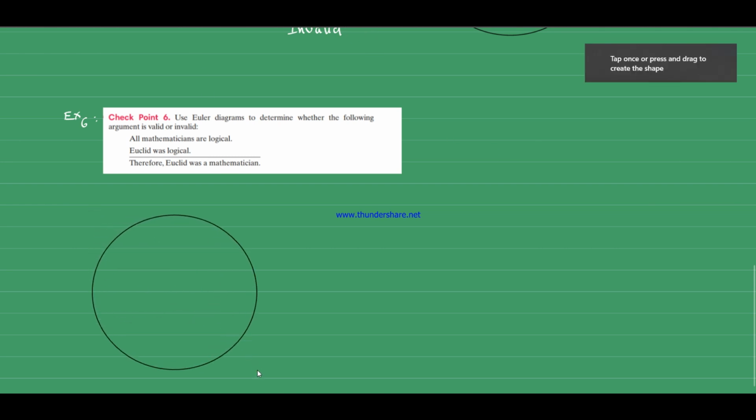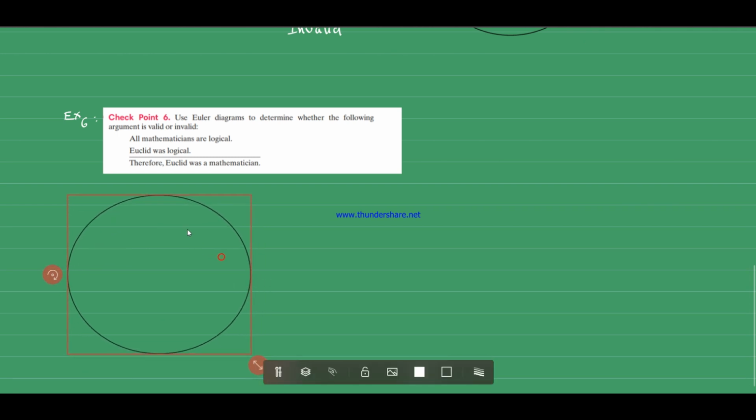Let's draw again. I have two circles. So this is logical. This is all mathematician. All mathematicians are logical. Euclid was logical. So Euclid is just an element. Therefore, Euclid was a mathematician.